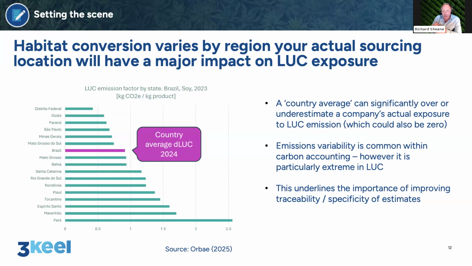So there's a little bit of a risk here around using high-level averages, because the variability beneath country level is so variable. And if you're working in carbon accounting, you'll be used to variability and uncertainty being common across a lot of carbon accounting work. However, it's particularly of note in land use change. And so this really underlines the importance of improving traceability and the specificity of land use change estimates.